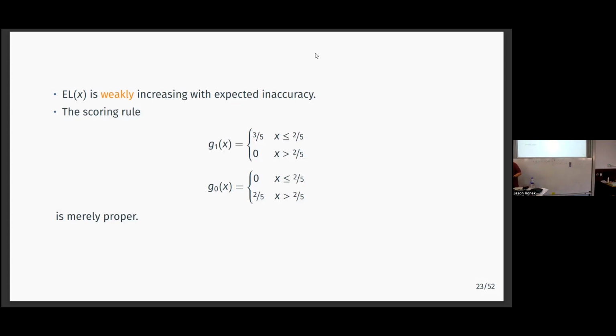You're just going to guess G0 if it doesn't rain, G1 if it does rain. When she's under 40% and it does rain, she'll incur a loss of 3/5. When it doesn't rain but she's above 40%, she'll incur a loss of 2/5. Then times 5, but we're going to forget about that for right now, because the original stakes were higher.